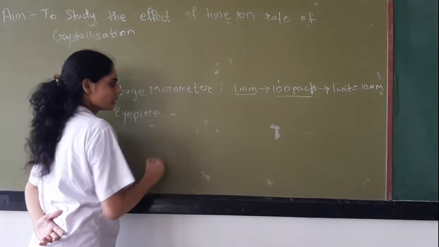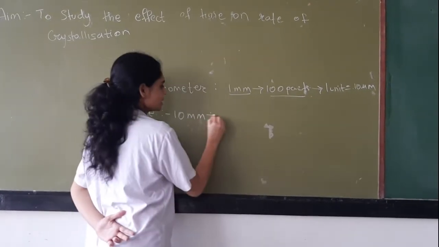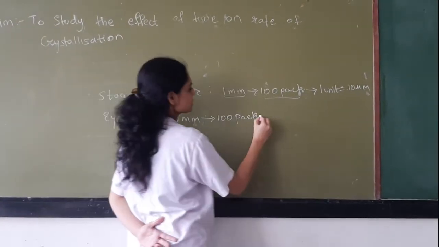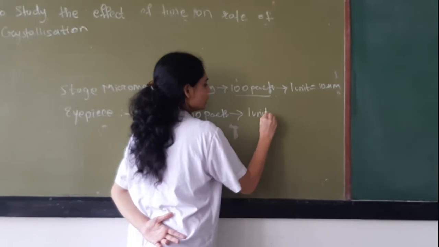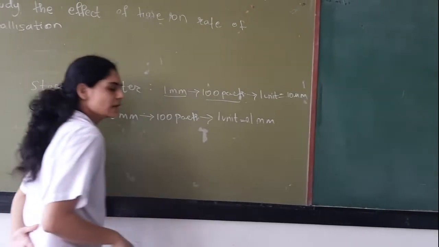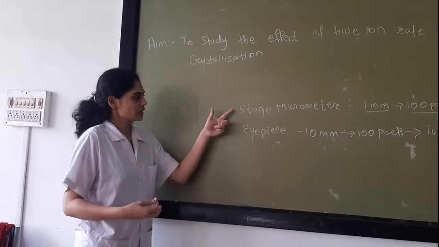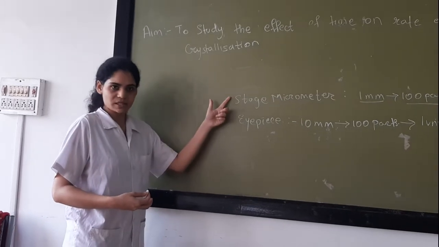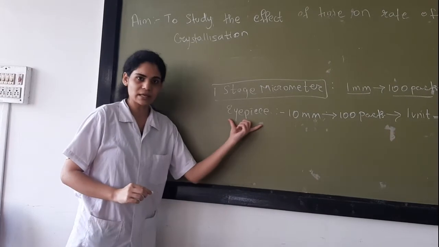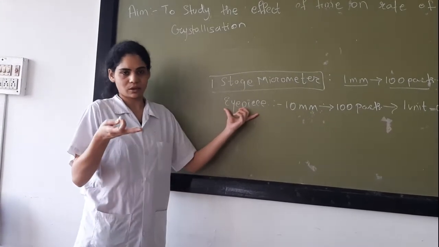Then on the eyepiece, the scale of 10 mm is 0.1 mm. Now we calibrate this eyepiece with the stage micrometer; the stage micrometer is used for calibration of the eyepiece.